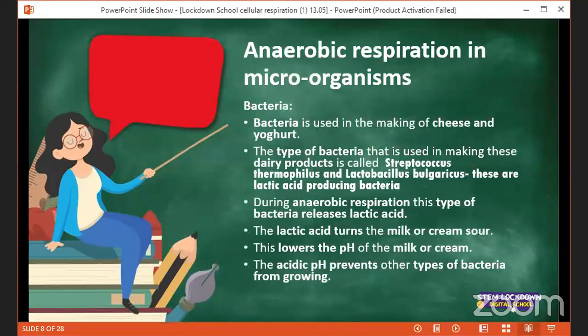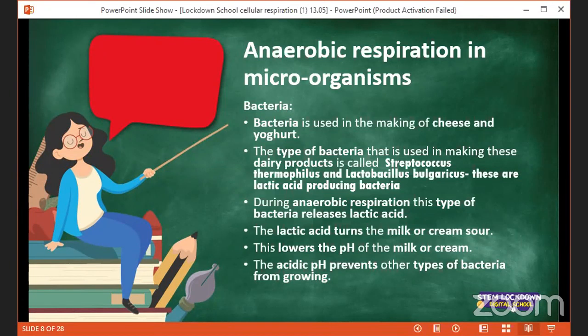You don't need to know these fancy names. Just know that the bacteria used in making dairy products is a lactic acid producing bacteria, like the Streptococcus thermophilus and the Lactobacillus bulgaricus.